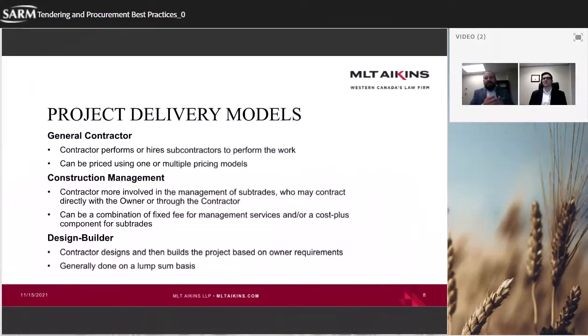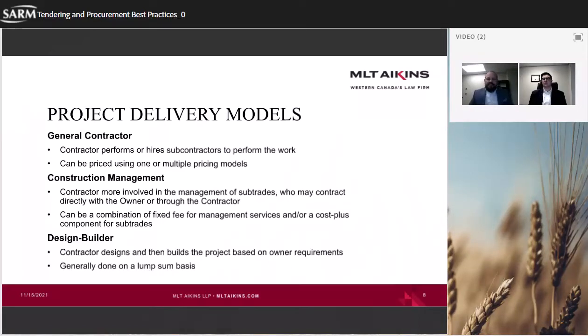You can do a blended version where some scopes of work within a big project are lump sum, some scopes of work within a project are cost plus, and other parts are unit rate. You can mix and match these different compensation models all within the same contract, all within the same project. And so, general contractors, kind of the broad term of, they're going to have the execution and supervision risk.